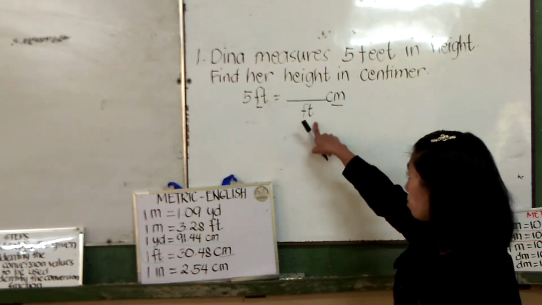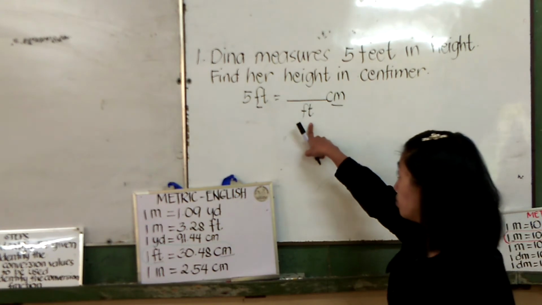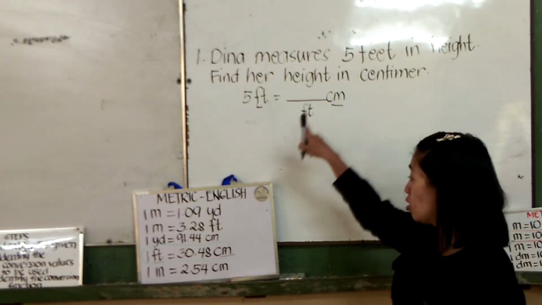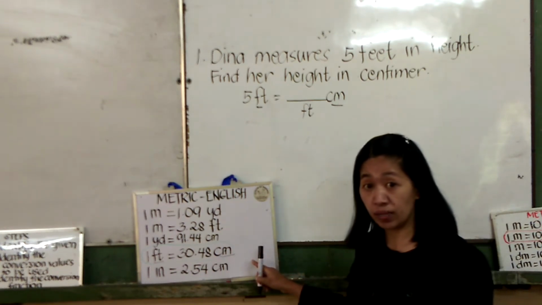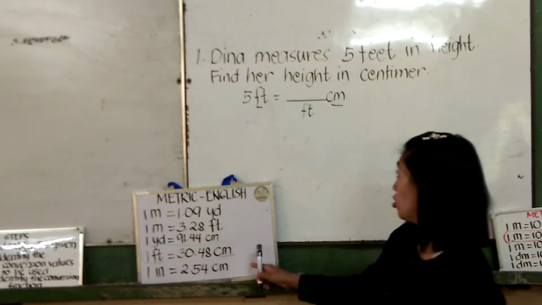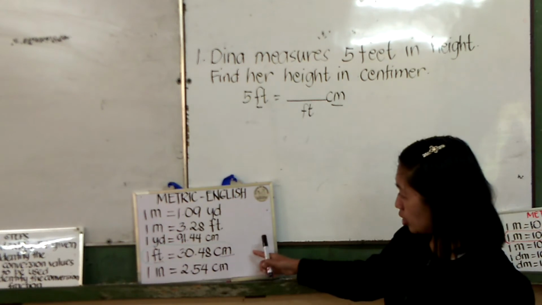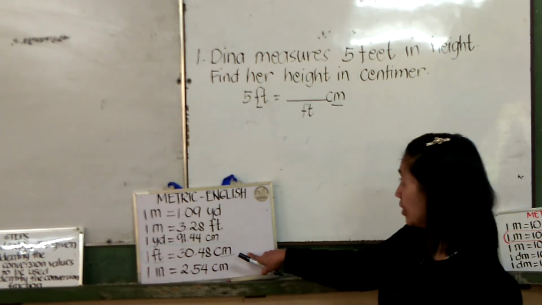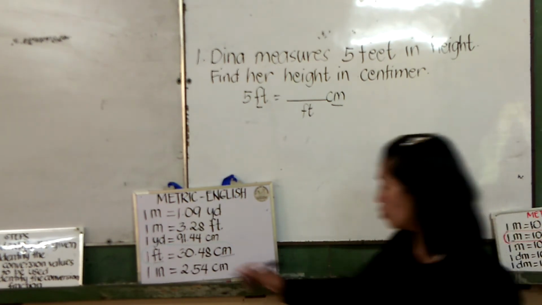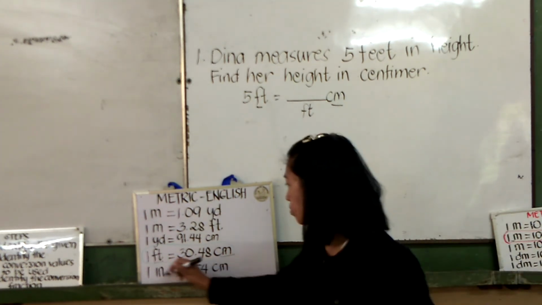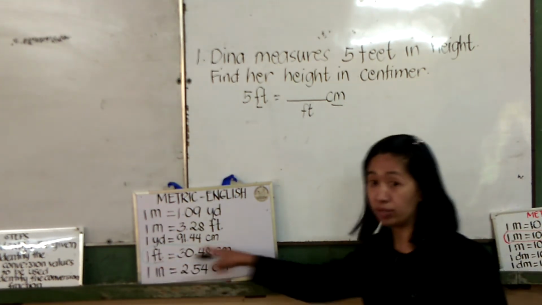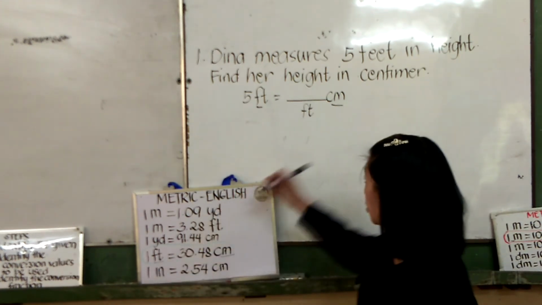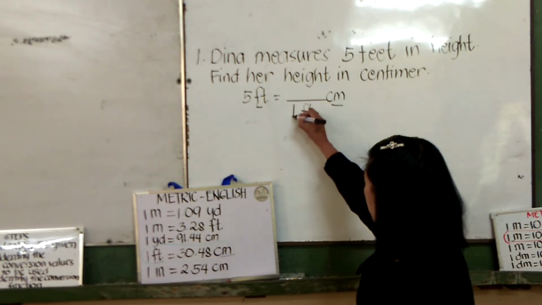Okay, and then after we have written your feet here on the denominator, we will get now the equivalence using the table of conversion. Look at this conversion. What is the equivalent of 1 feet here? We will use this, the one with green. How many feet is written here? It is 1. So we will write that here.